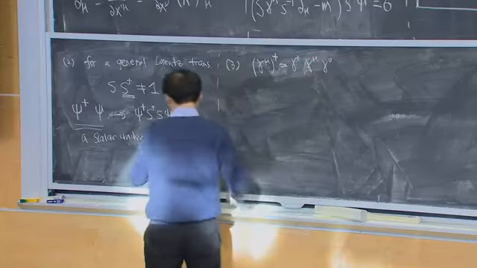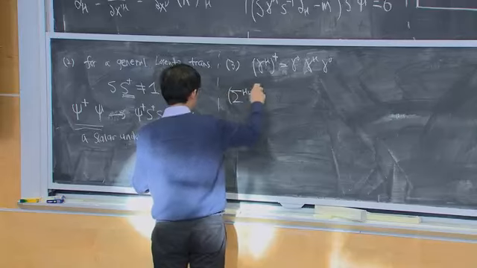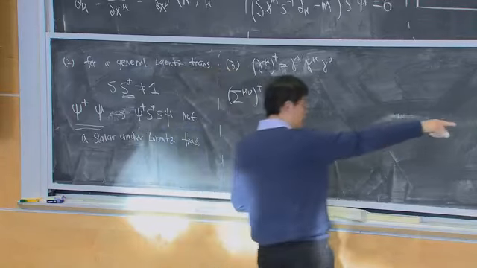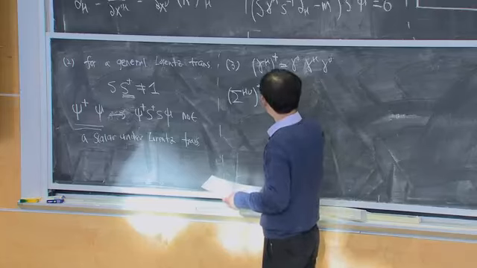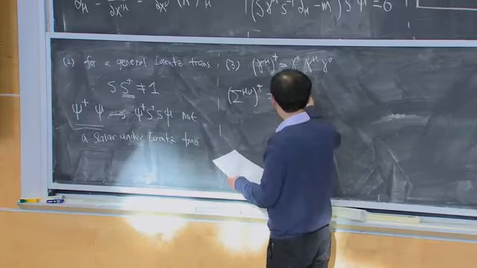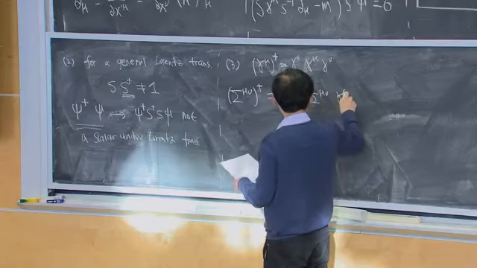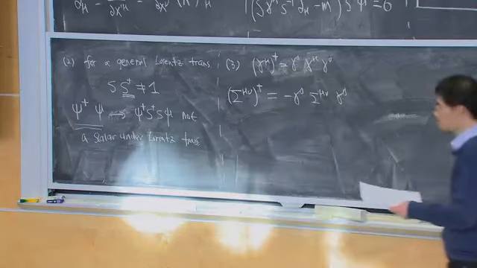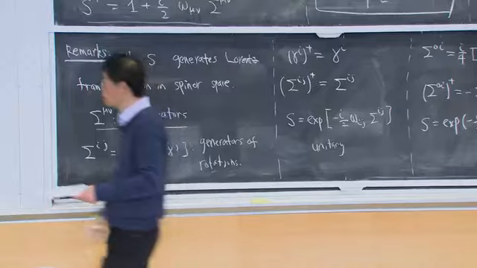Now let's find sigma mu nu dagger. You can easily check yourself, because of this property, that this is just given by minus gamma 0 sigma mu nu gamma 0. Because this is just a commutator, you can easily work it out.